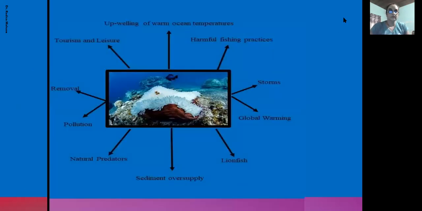And when we're talking about those factors, we're talking about a variety of things. The diagram summarizes it very simply, where you have storms and global warming and the lionfish. There have been a lot of advertisements since last year here in Trinidad and Tobago, encouraging fishermen to fish for the lionfish, to capture the lionfish.